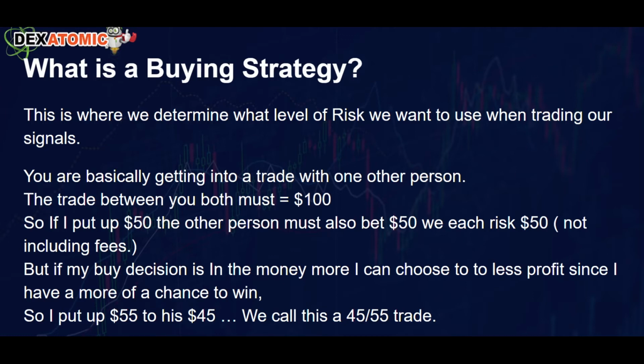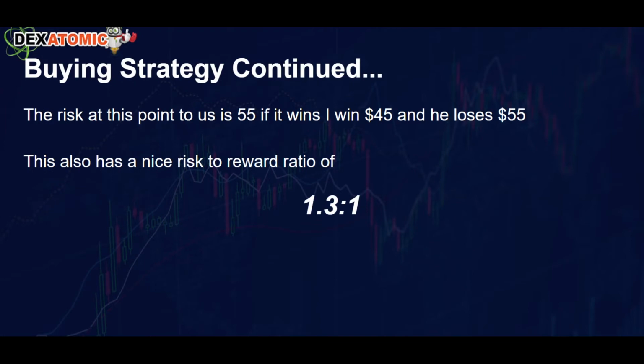But if my buy decision is already in my favor, called in the money, I can choose to accept less profit and risk more because I'm already winning. And if I have that chance to win, I may put up $55 worth of risk to his 45. We call this in our industry and in our company a 45-55 trade.